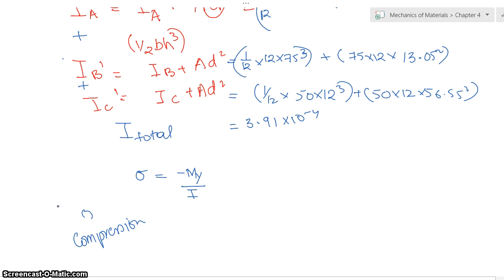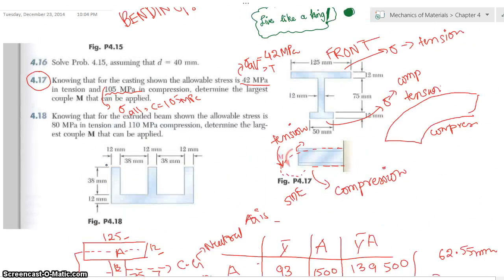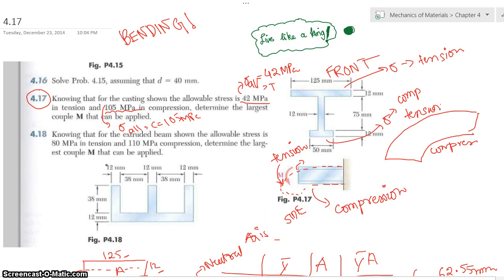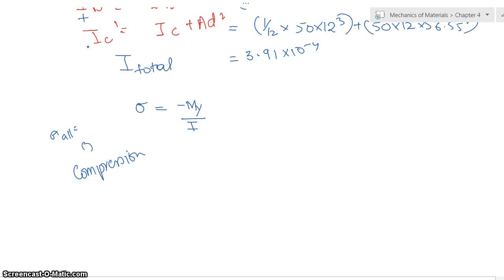my sigma allowable for compression, I have 105 megapascal.